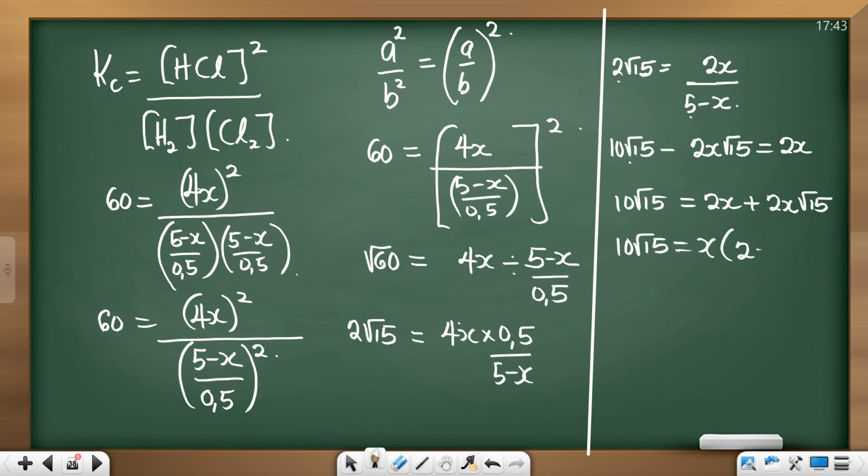X is common: 2 plus 2 root 15. What is X? We divide 10 root 15 divided by 2 plus 2 root 15. I'm trying to do this to avoid rounding off. I don't want to be tempted. What is X? 3 comma? But this is moles.